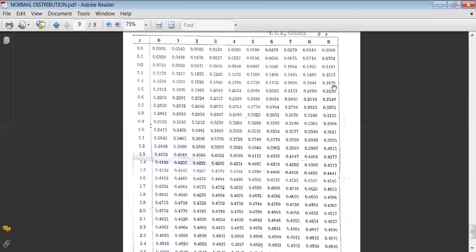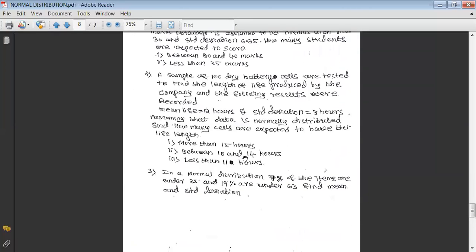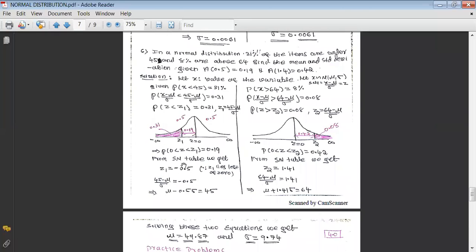If I take this one, I'm lagging by 21 units. If I take this one, I'm leading by 15 units. That means this one is nearer to 0.19 as compared to the other. That's why the corresponding Z value is 0.5, so we can write Z1 equals 0.5. Since Z1 lies at the left, Z1 carries a negative sign.